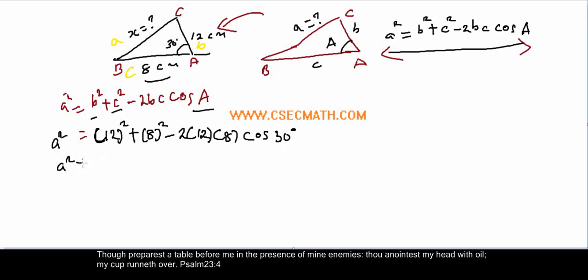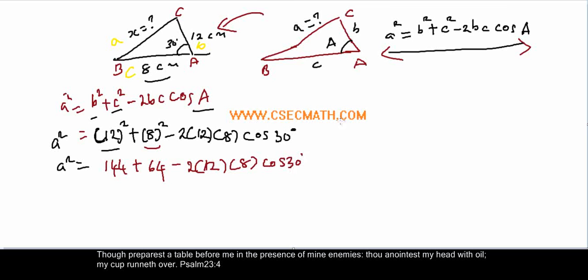So A squared is now equal to 12 squared, which is 144, positive 8 squared, which is 64, negative 2 times 12 multiplied with 8 multiplied with cos 30.